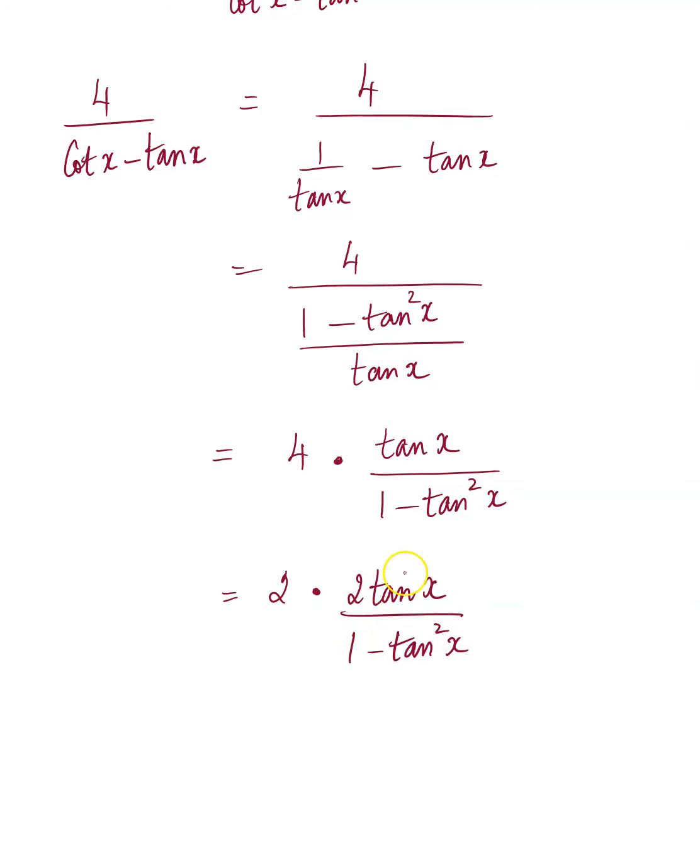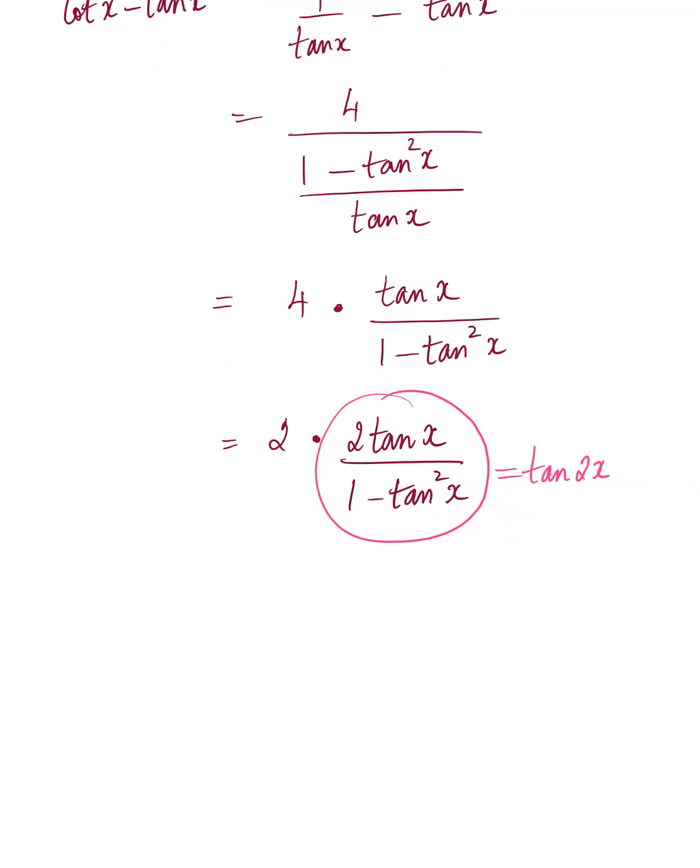And we know that this one is equal to tan 2x. If it's theta, then it's tan 2 theta. Here it's x, so that makes it 2 tan 2x. And that is your simplified answer. And as I mentioned, your answer is simplified, but now it contains a double angle. So the angle is not simplified, but the expression itself is simplified.